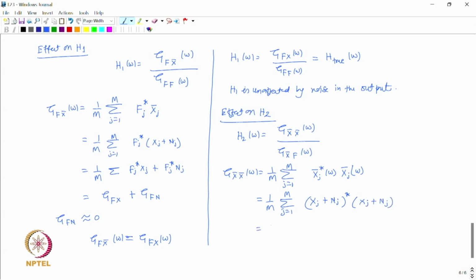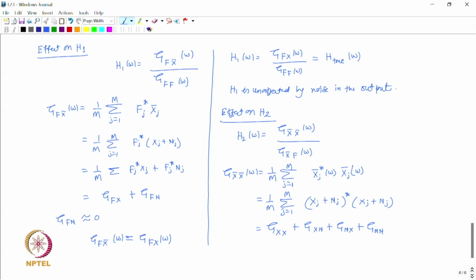If you multiply the terms and then take the average, we can write this as Gxx plus Gxn plus Gnx plus Gnn, right.